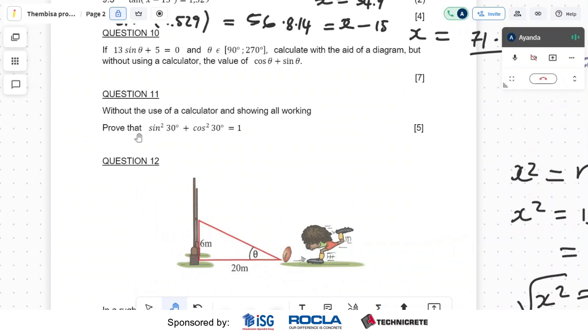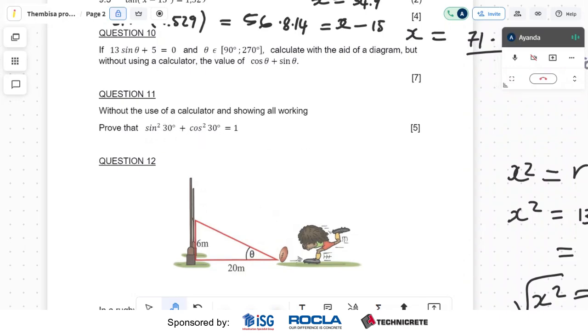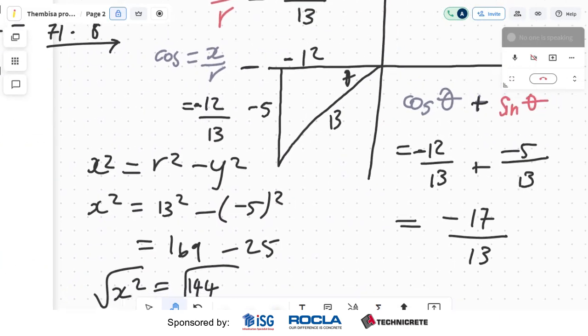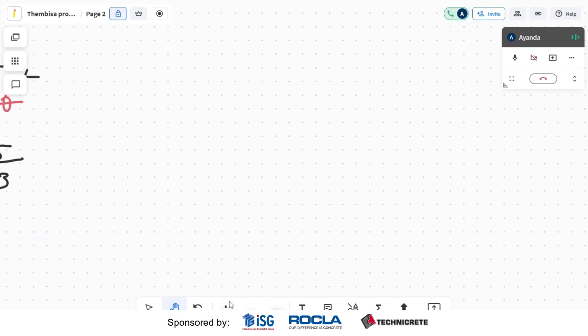Question 11. Again, without the use of a calculator, show all your working to prove that sine squared 30 plus cos squared 30 is equal to 1. So what we can do here is use our special angles triangle.